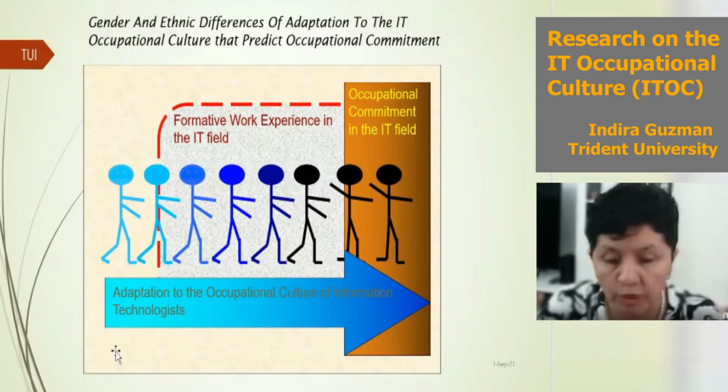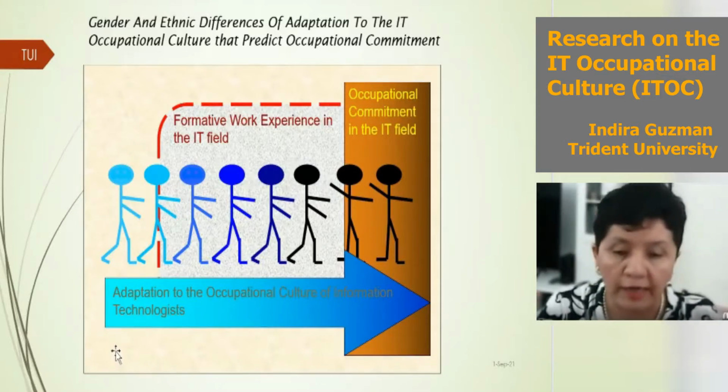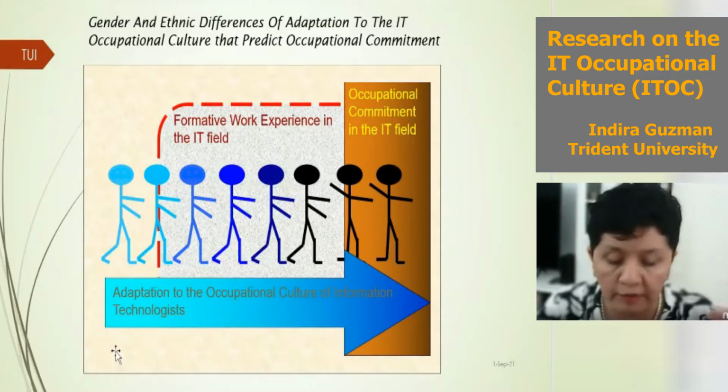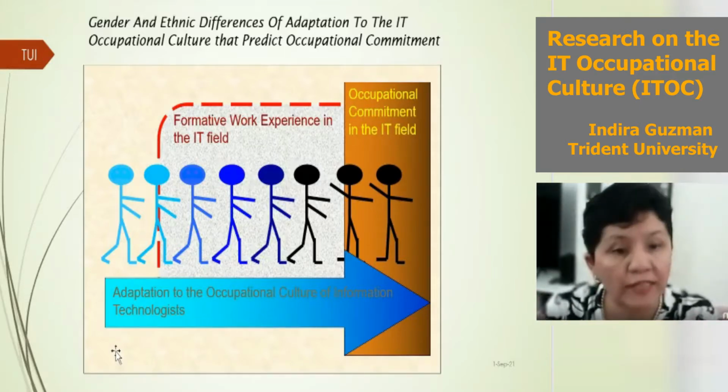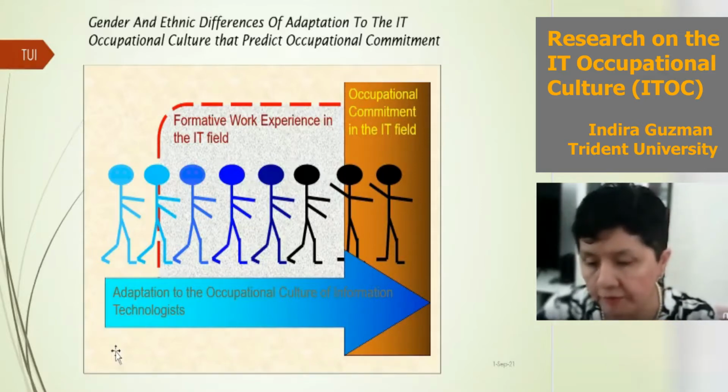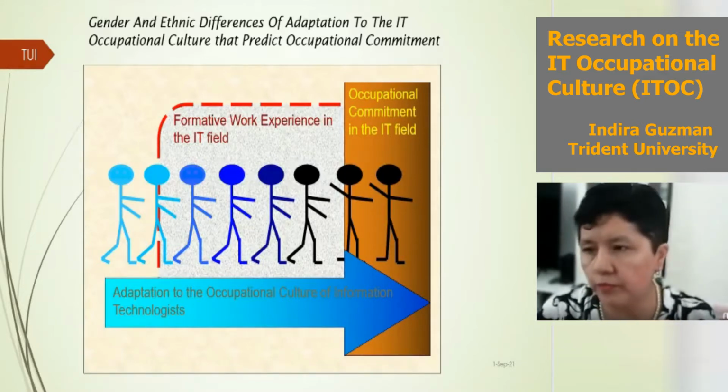I mean, you are a young student, just getting this major, and at what point do you adopt the culture? At what point are you able to become part of this group, right? When does that happen?